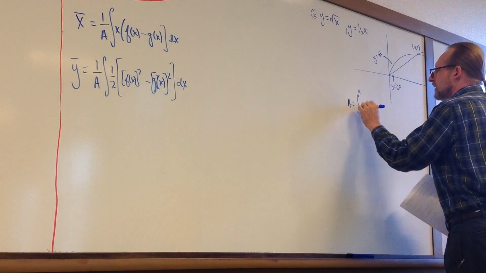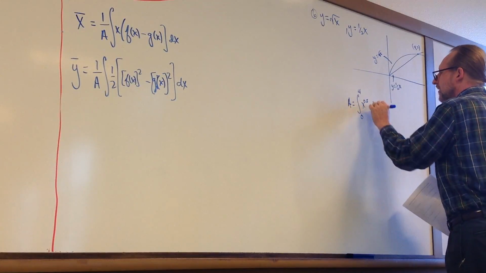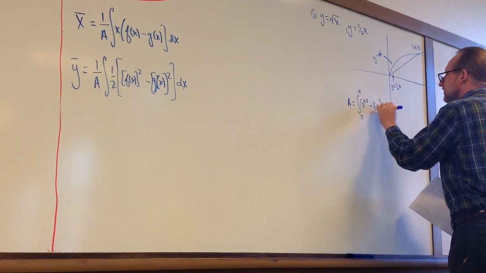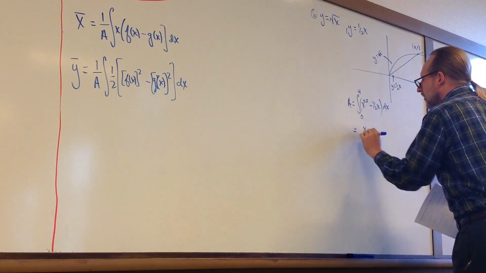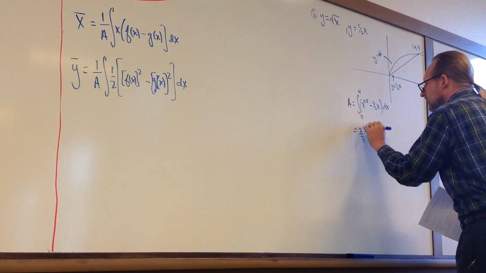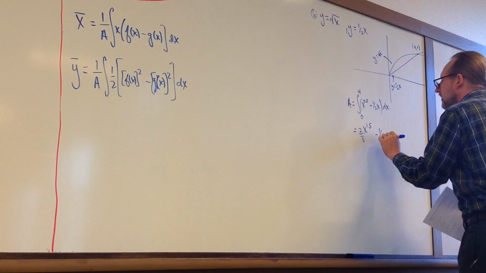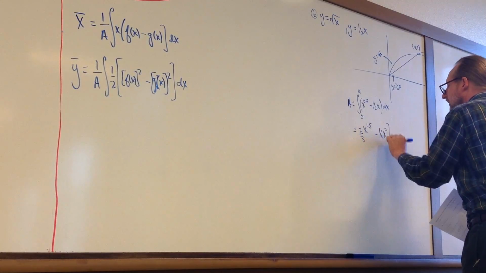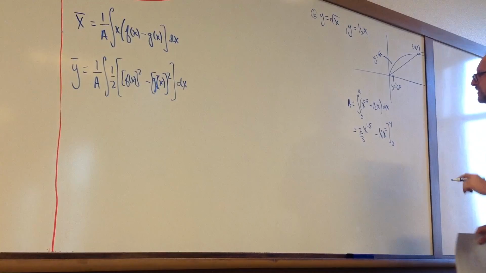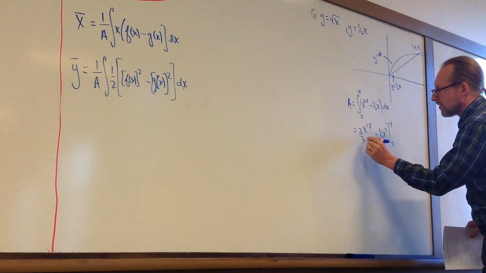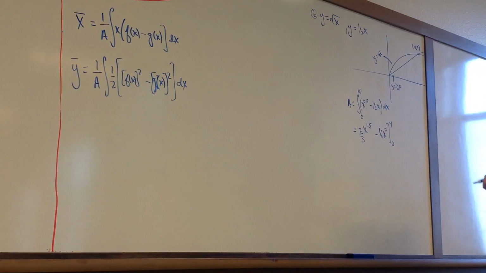The top one is the square root function, and the bottom one is the linear function. So this is going to be x to the 0.5 minus a half x dx, or 2/3 x to the 1.5 minus 1 over 4 x squared from 0 to 4. Okay, so let's see what we get here.